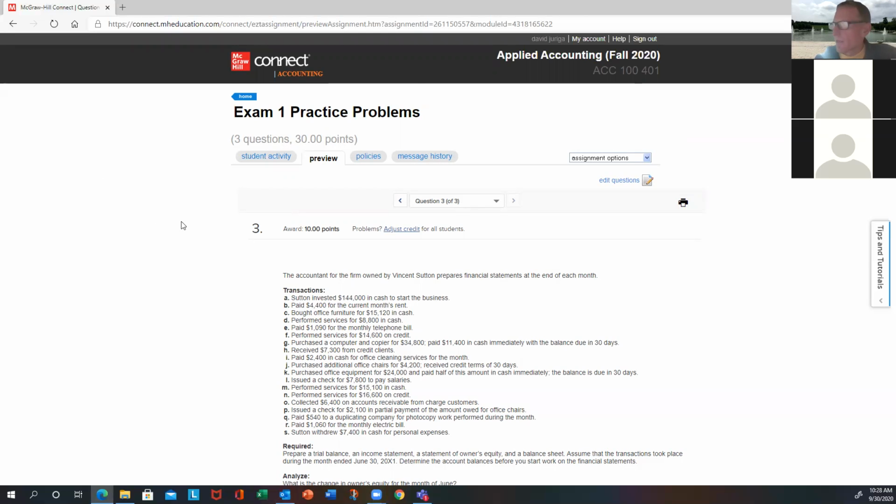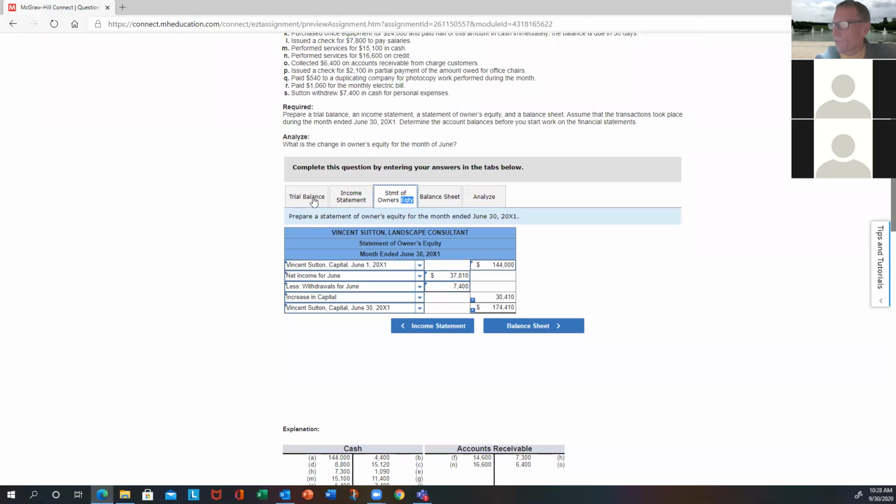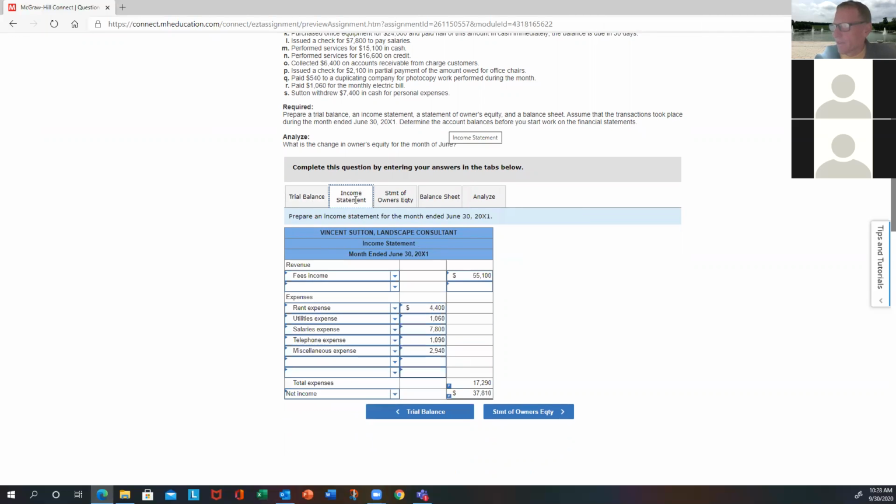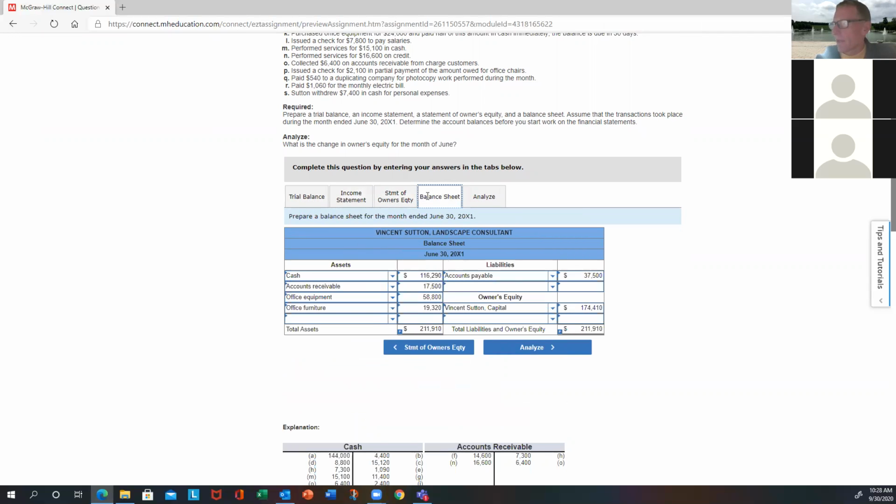You would have to do something like this, where you'd have to enter a trial balance. You would prepare an income statement, equity statement, and balance sheet. And you would have to click drop down arrows to select the account names, and of course, enter the appropriate amounts. So that would be an example of the type of problem you'd have to do on the exam.